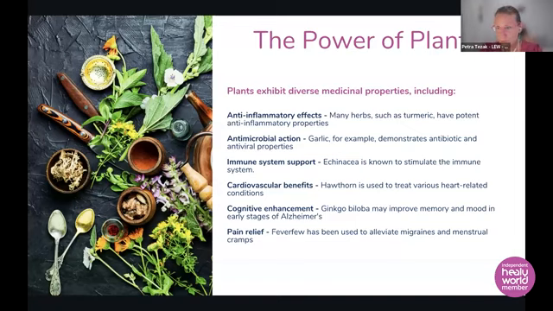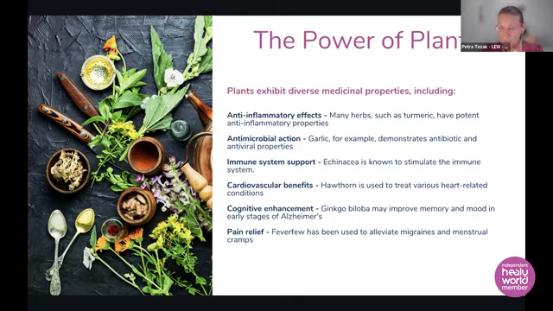For example, hawthorn is a beautiful herb that is used to treat various heart-related conditions. Some herbs and plants also mimic our bodies, and they support our bodies in similar ways. Plants were given for healing, and their purpose is healing, for the spiritual, mental, emotional, and physical parts of our body.